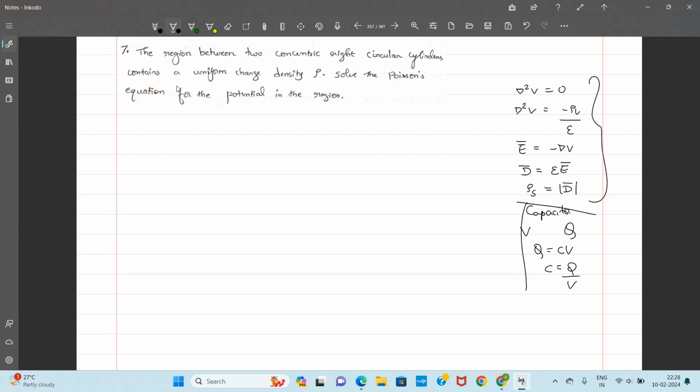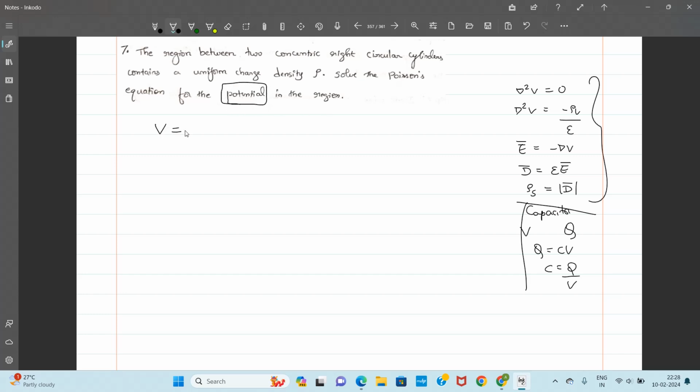So the first one is: given the region between two concentric right circular cylinders contains a uniform charge density rho, solve Poisson's equation for the potential in the region. So here they're asking you to find the potential value.